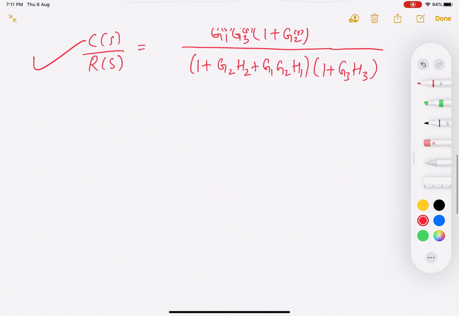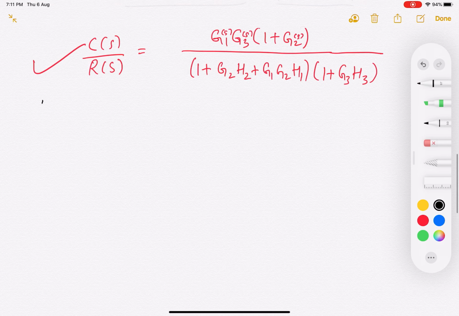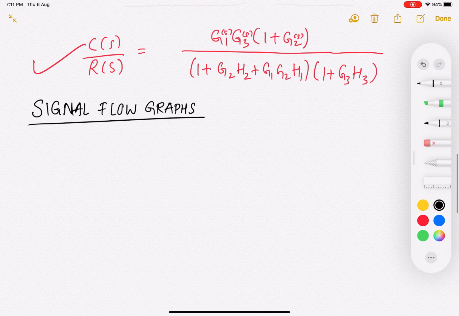Now we come to another method by which we do the same thing. We simplify multiple subsystem systems, and that method is called the method of signal flow graphs. Instead of drawing the block diagram, we draw the signal flow graph for a particular process in which we have multiple systems.